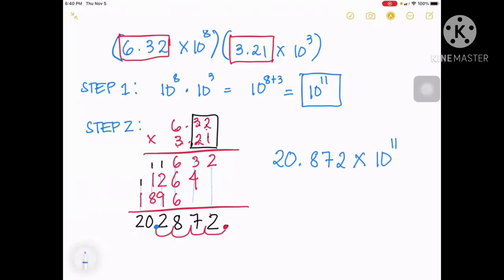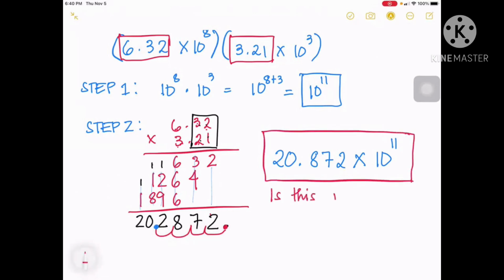11th power. Now, my question is, is this written in scientific notation? I know that you are thinking about the numbers.